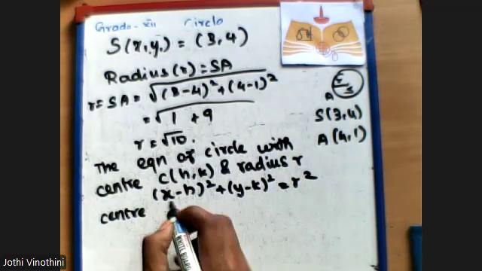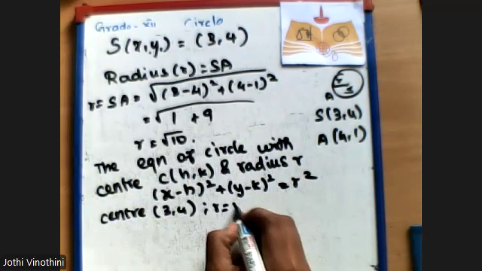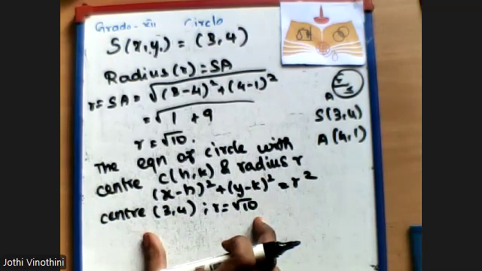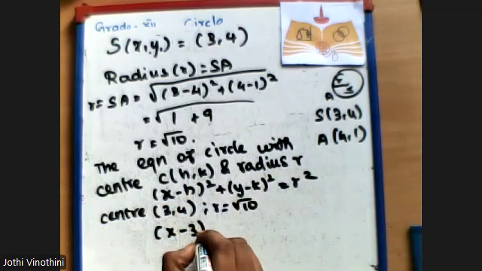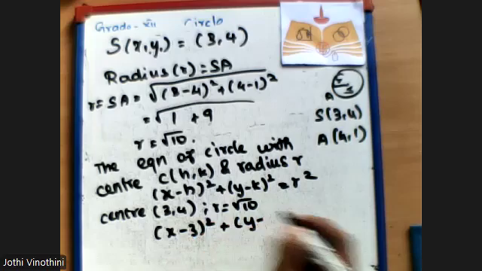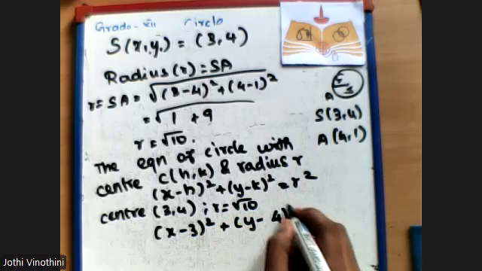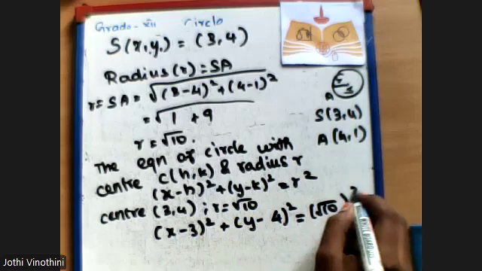What is the center? It is 3, 4. And what is the radius? It is root 10. We are going to sub these values here. So the equation will become x minus 3 the whole square plus y minus 4 the whole square equals root 10 the whole square.